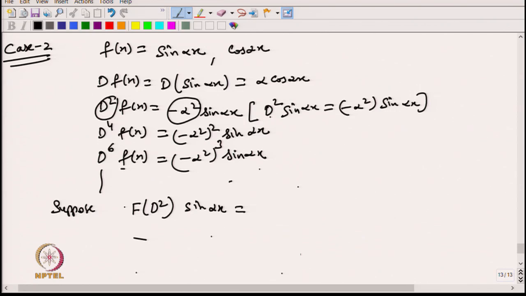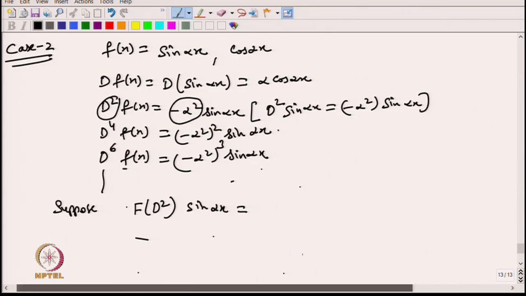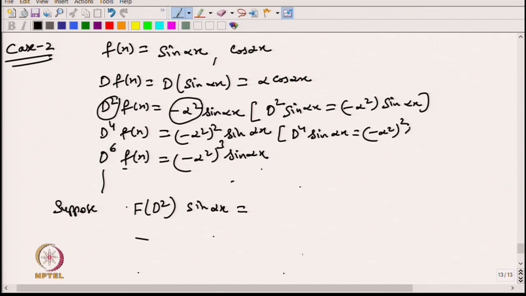So, instead of D square I am putting minus alpha square. Similarly, D^4 sin alpha x becomes minus alpha square, whole square, sin alpha x. So, f(D square) sin alpha x becomes f of minus alpha square sin of alpha x, instead of D square I am putting minus alpha square.